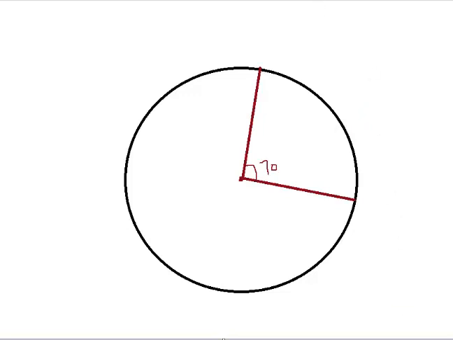Number two, if you want to know how much of this circle this takes up, in other words, this whole 70 degrees, this whole orange area, then you'd have to figure out the entire area of a circle, and the entire area of a circle is pi r squared. And once you figure that out, you would take whatever percentage this takes up.